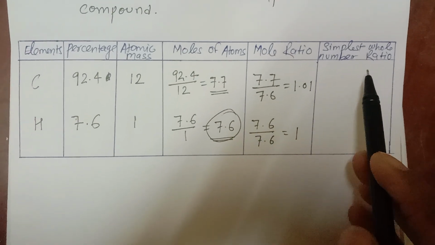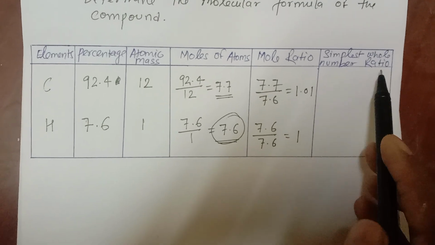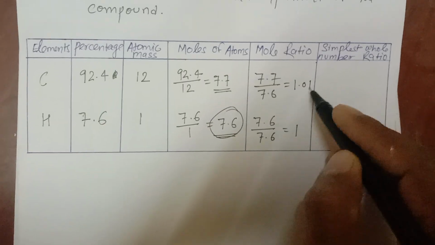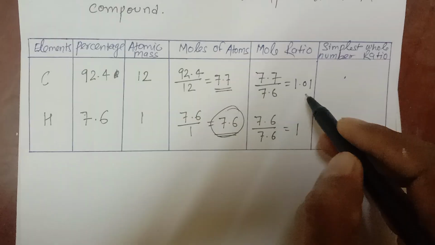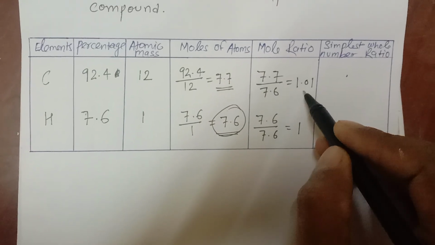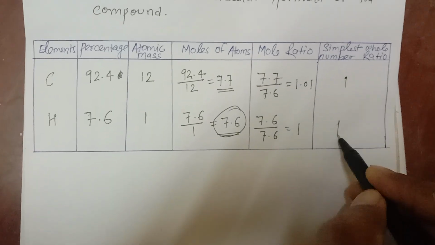Now in the last column, what do you have to write? The simplest whole number ratio, which means in this column you have to write all the numbers as whole numbers. Whatever data you get in the mole ratio, you have to write that. Here you got 1.01 which is equal to 1, and this will equal 1.